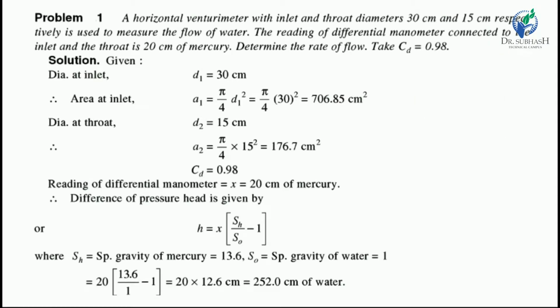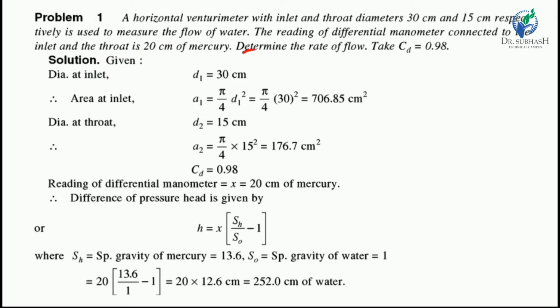Now we will solve one example for the Venturimeter, so you can get an idea of how the Venturimeter is used to find the discharge. Okay, let's take an example. A horizontal Venturimeter with inlet and throat diameters, the inlet diameter is 30 centimeter and the throat diameter is 5 centimeter respectively, is used to measure the flow of water.